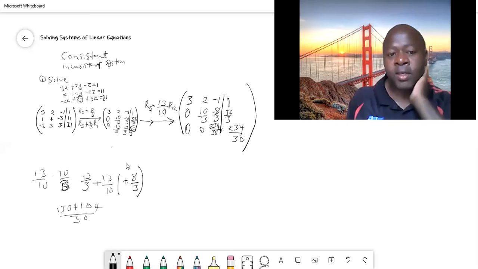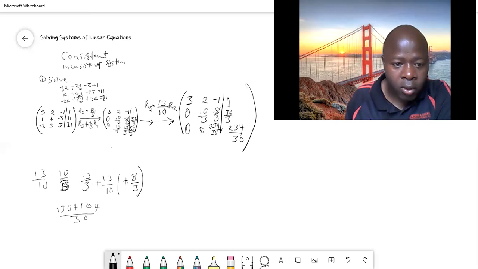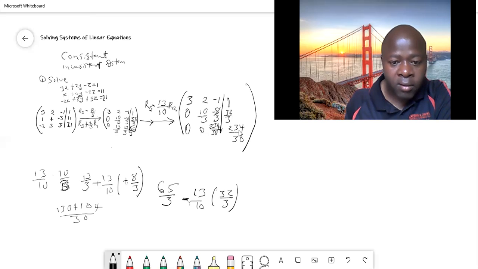So remember what we've done at this point. We took 13 over 10 multiplied by 32 over 3, and this result we subtracted from 65 over 3. That's how I got this 234 over 30.